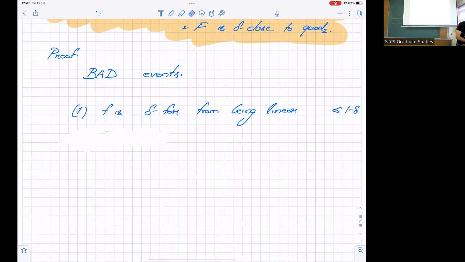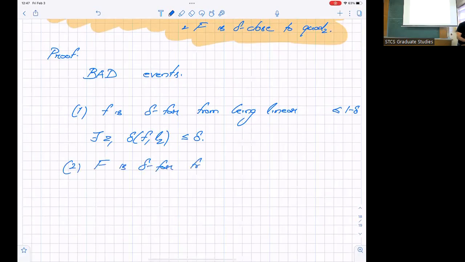So from now onward, we'll assume there exists a Z such that delta(F, LZ) is less than or equal to delta. It's close to linear for the next conditions also. Now suppose capital F is delta far from being linear.